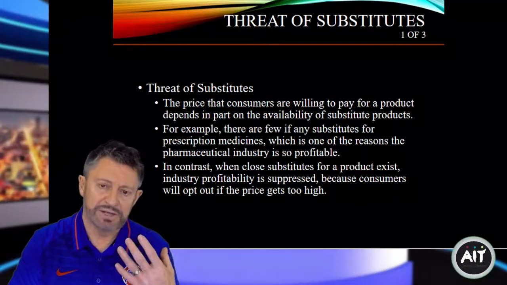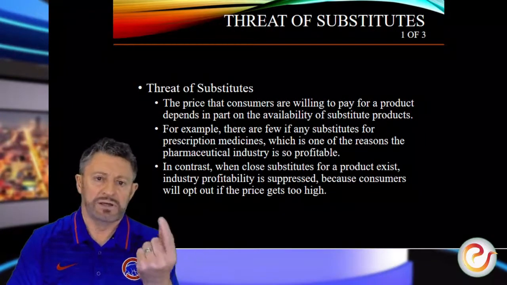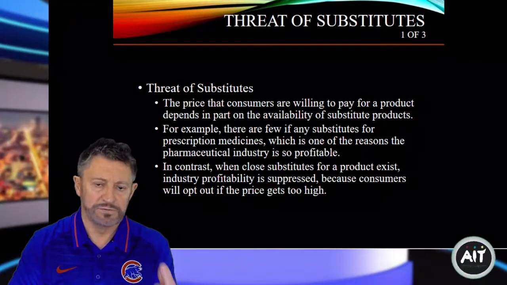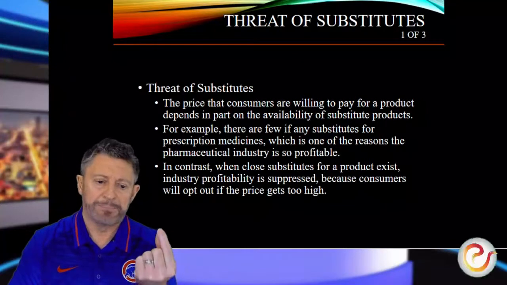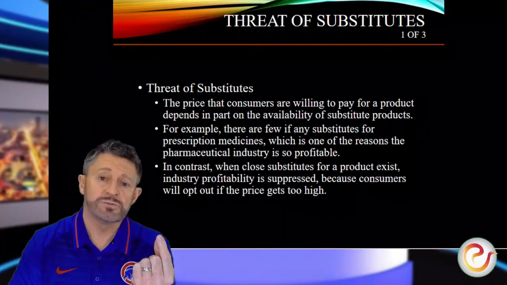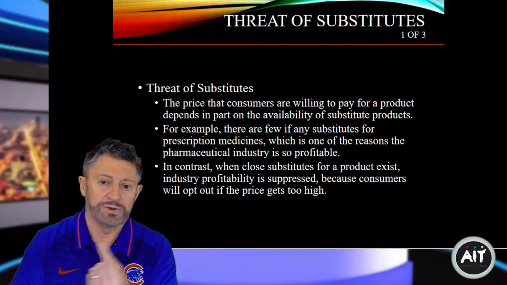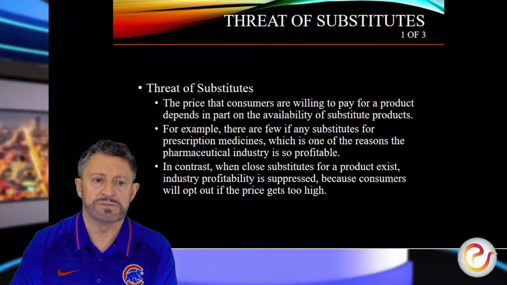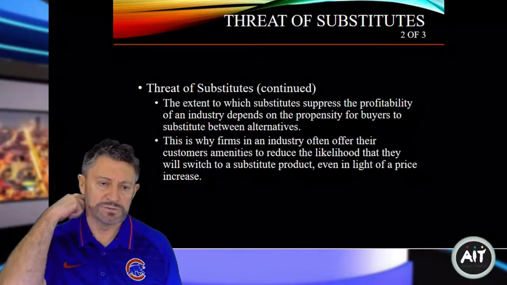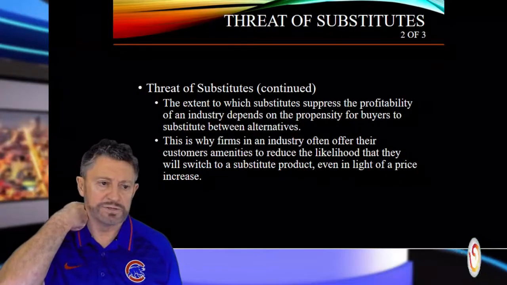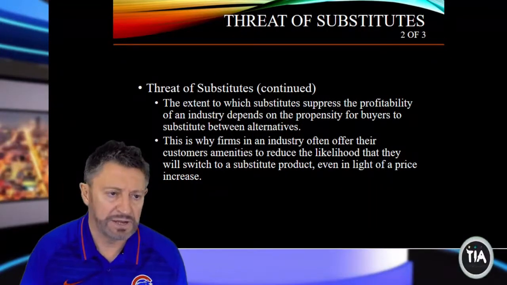And because a company has a unique brand, a new pharmaceutical company has a very powerful drug, the competitors will see that that's extremely attractive. They're making supernormal profits. We better get into that market as soon as possible. Okay, so the threat of substitutes is the extent to which it suppresses the profitability within the industry, and that drives buyers to choose alternatives as it happens.